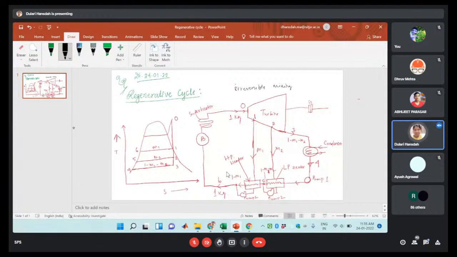So here we are using regenerative heaters. If you are able to see here, we have the high pressure heater and the low pressure heater. This type of cycle is also known as the regenerative or bleeding cycle.